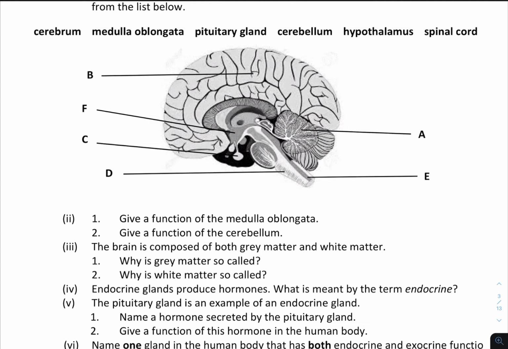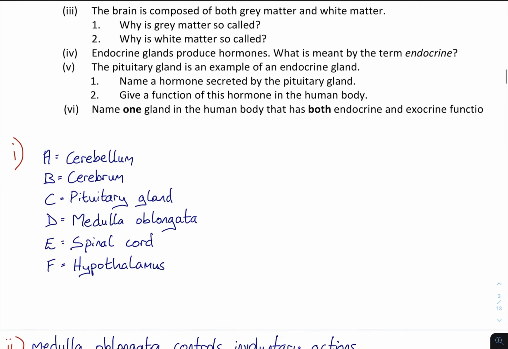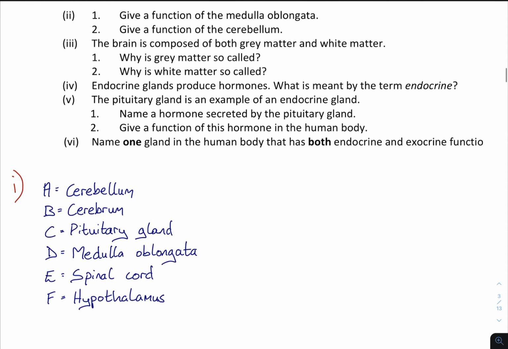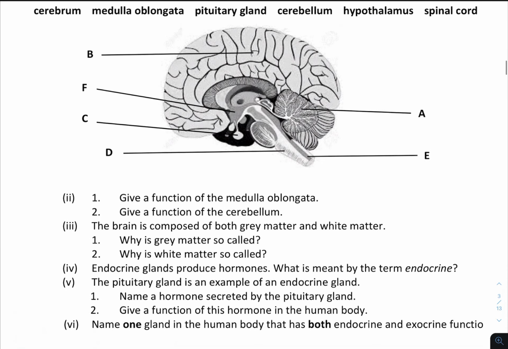D, everybody, is the medulla oblongata, and that's responsible for your involuntary actions. So D is the medulla oblongata, and the hypothalamus is actually F. Just to clarify that one, just above the pituitary gland.